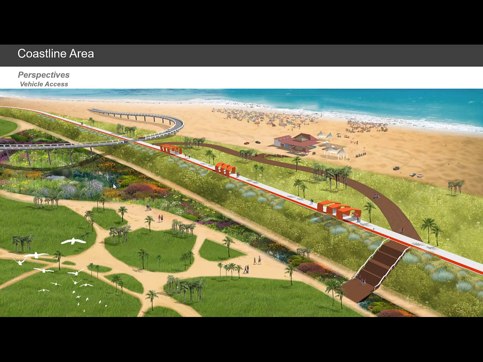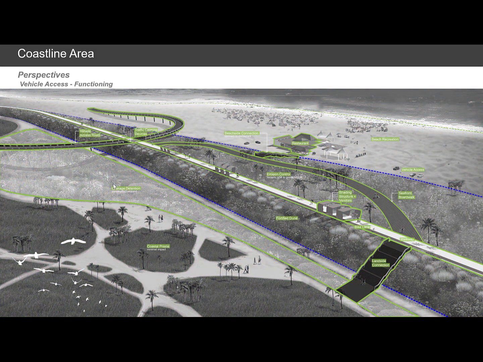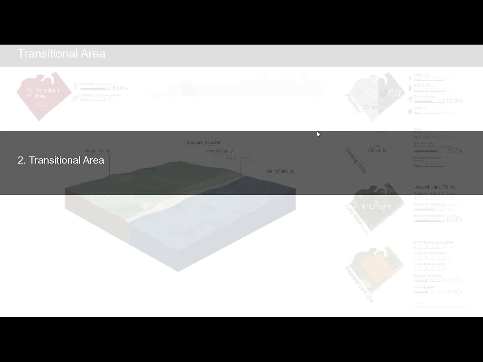After you do your master plan, you're going to do some perspectives. So this is what we're envisioning it looking like. And these are some of the programmatic elements and functionality: leakage detention, erosion control, recreational traffic calming devices, connected devices, all those kinds of things. So these are some interesting approaches to show the functionality of your designs.